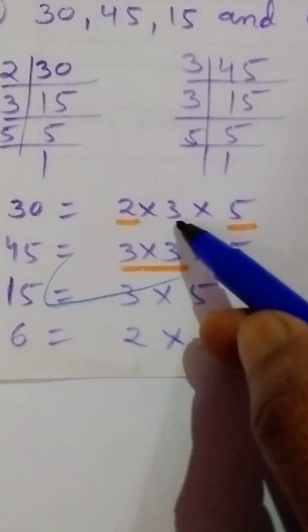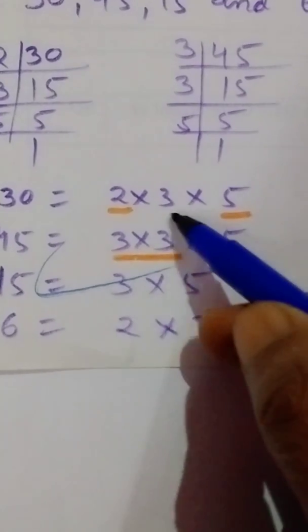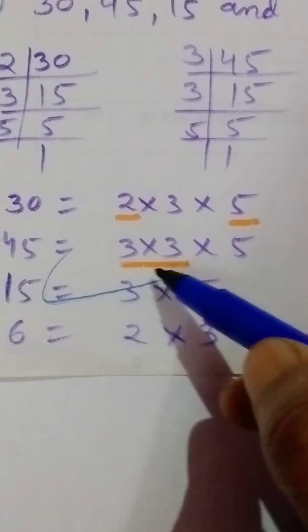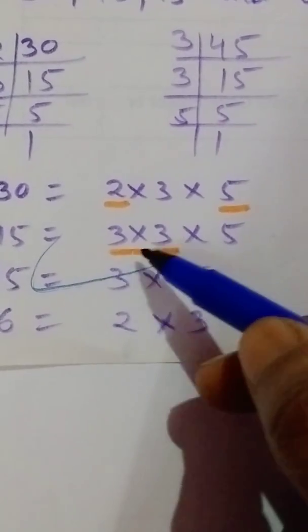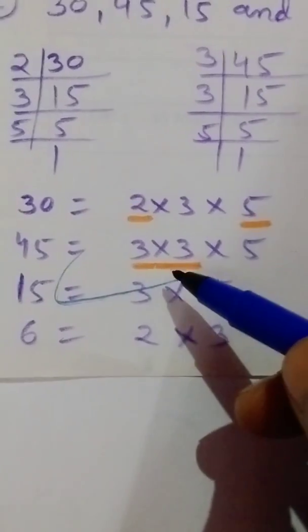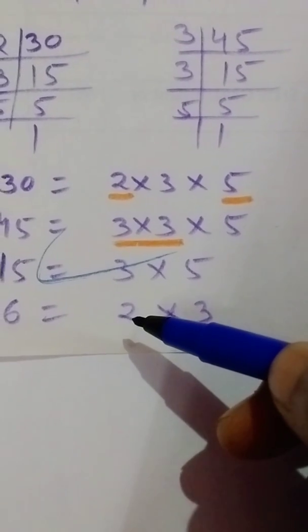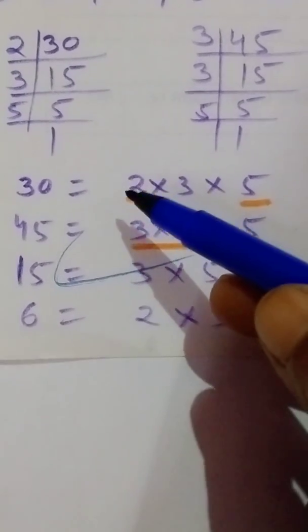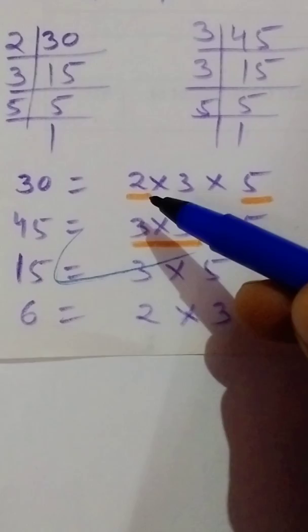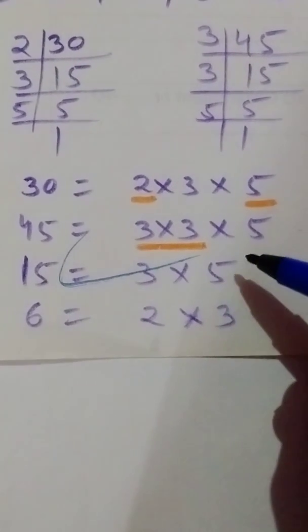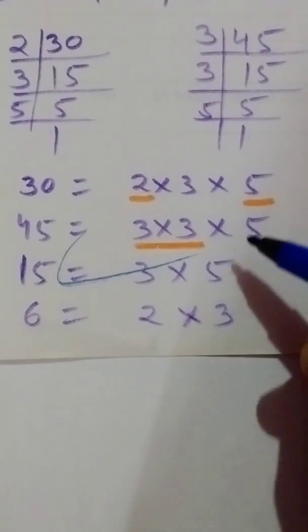Here you have seen 3. Where is the maximum of 3? There, two 3s are there, so it is the maximum occurrence. So underline it. Now here you have seen 2. 2 occurs one time in every factorization, so take 1 and underline it. And the third one is 5. Take it also and underline it.